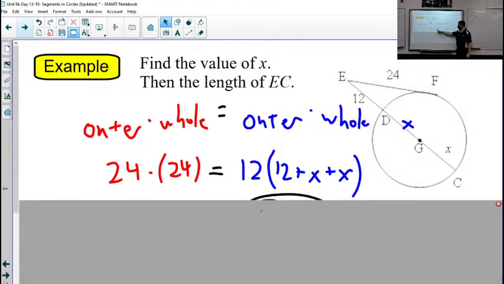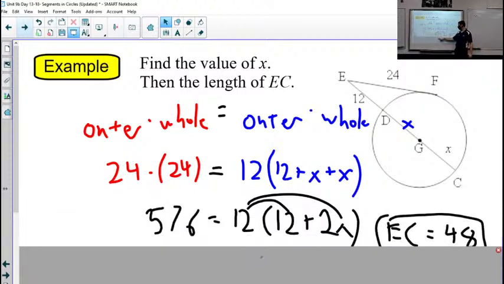Before I start to distribute, I'm going to combine 12 and x together so that it's easier to distribute. I'll pause here for another little bit and let you try and solve that now.